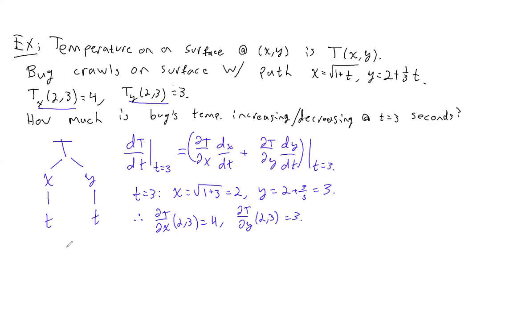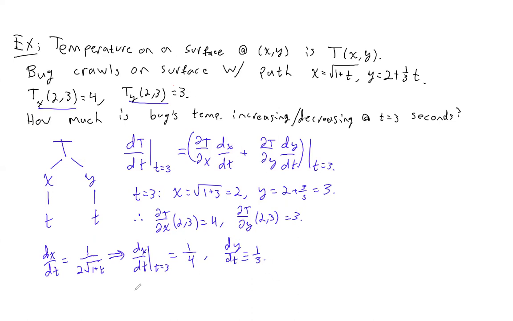Now what about dx dt? Well, dx dt is 1 over 2 root 1 plus t, just after taking the derivative, which comes out to, let me be a little more specific, at t equals 3, 1 over 4. And dy dt is just the constant function 1/3.